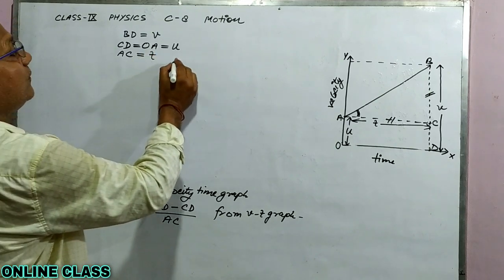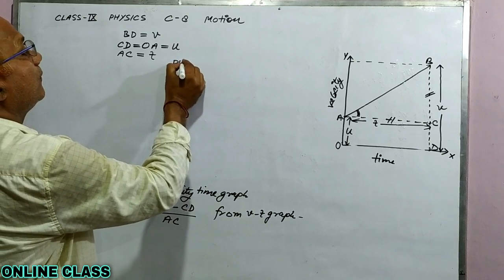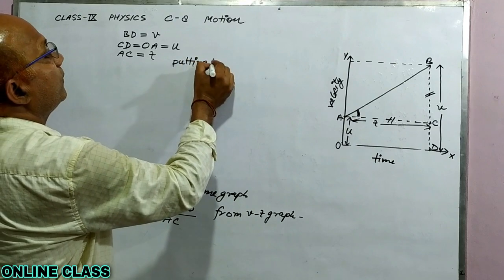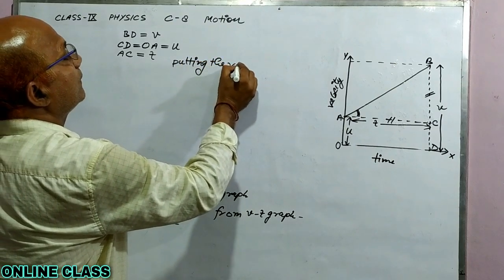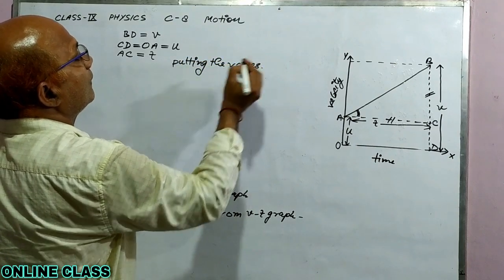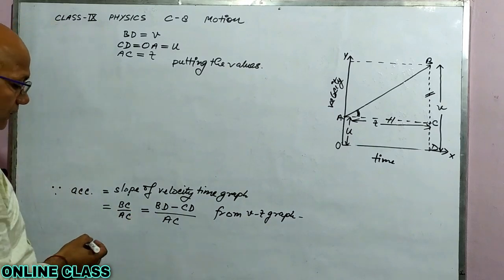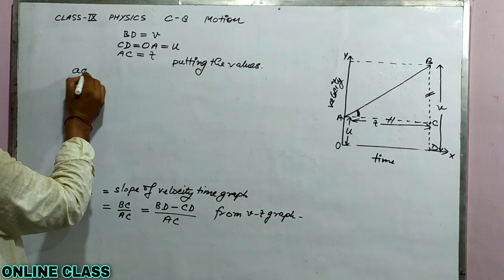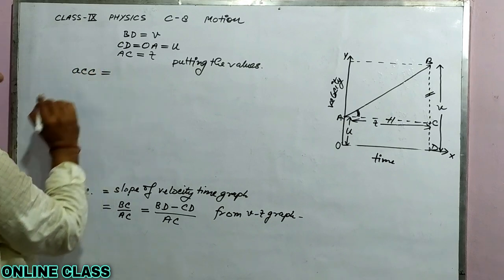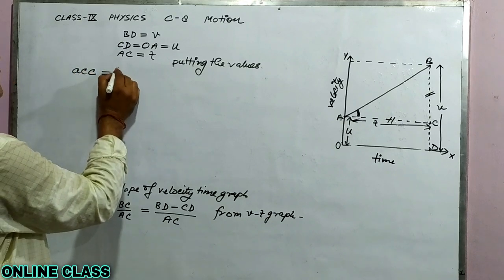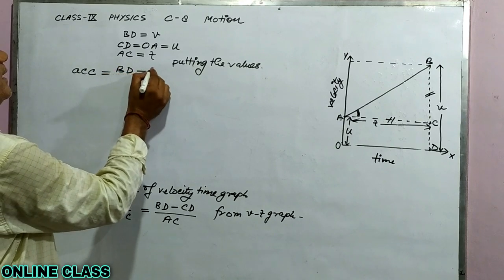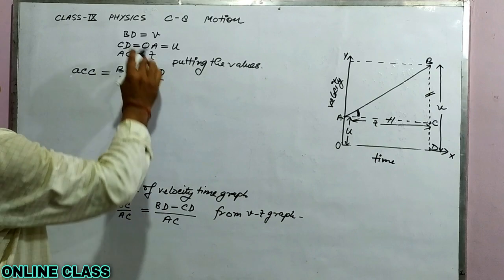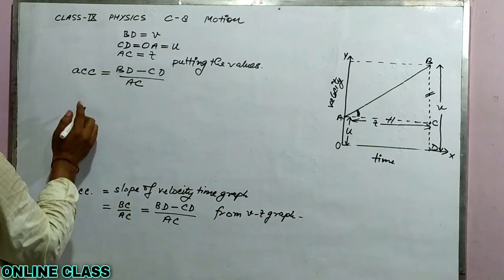Now putting the values, since acceleration is equal to BD minus CD upon AC. So now put all these values in this equation.